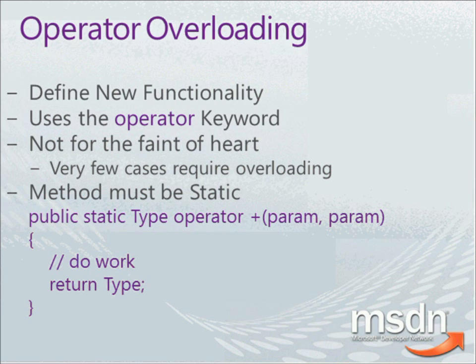Now, there are a few rules around these, and any type of operator overloading must be available throughout the system. And in order to make it available throughout the system, in C#, we have to mark it as a static operation. So the way you do that is you use the public keyword static, and you apply that to whatever type you're dealing with. In this case, this little bit of code here is overloading the plus sign.